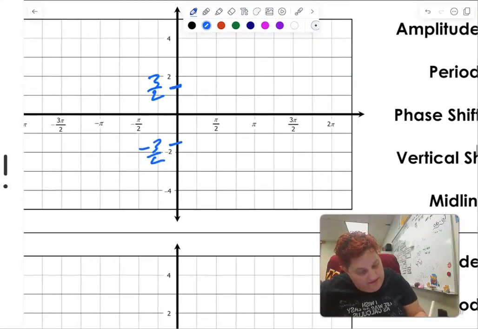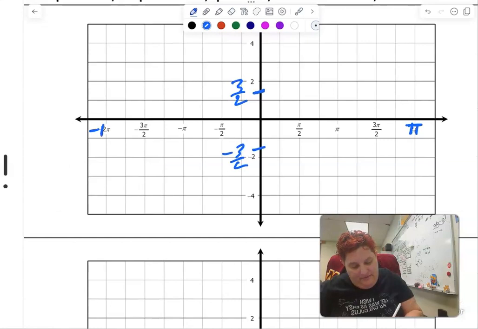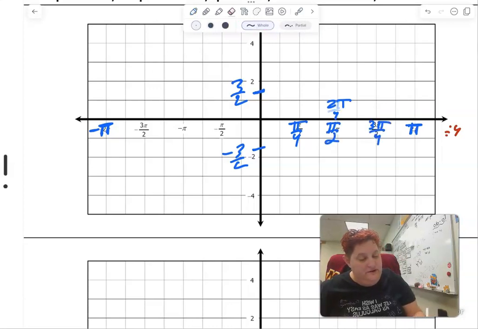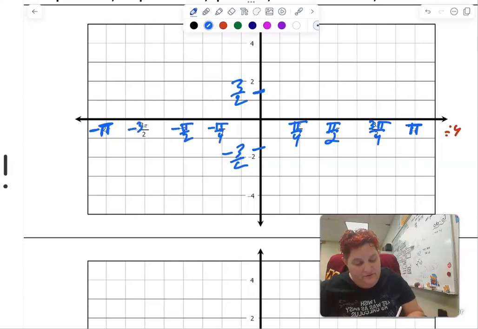So I write pi right here and negative pi right here. I remember to divide that by 4 to label the rest. So that's 1 pi over 4, 2 pi over 4, which is pi over 2, 3 pi over 4, which doesn't reduce, and pi. And I write those on this side too: negative pi over 4, negative pi over 2, negative 3 pi over 4.